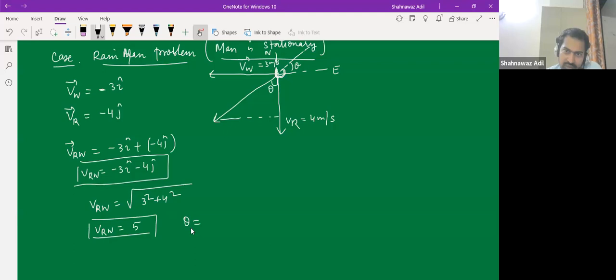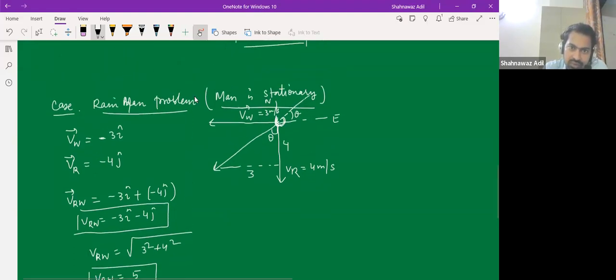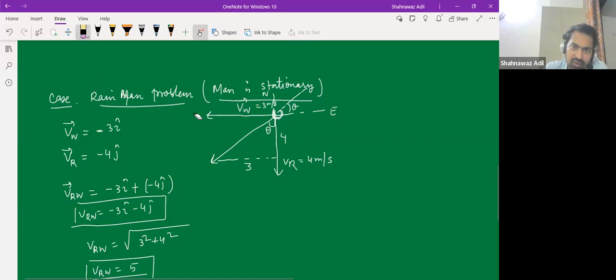This is 4, this is 3. This is the theta with the horizontal.